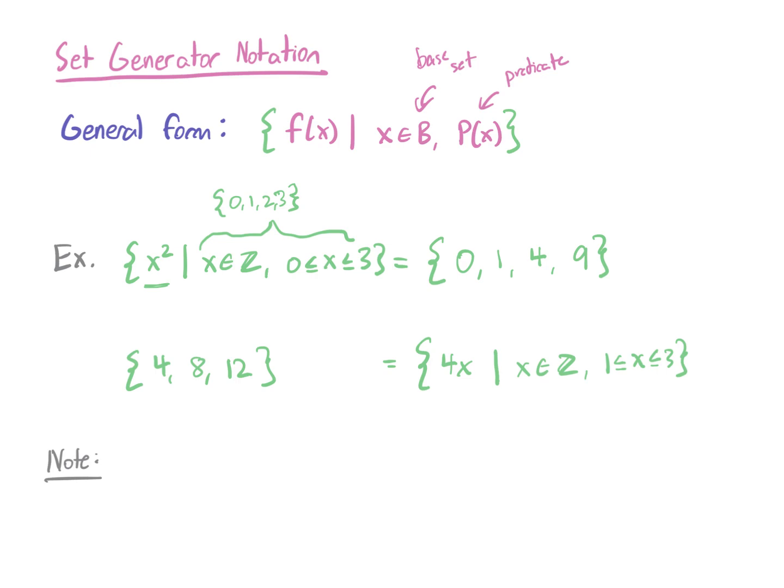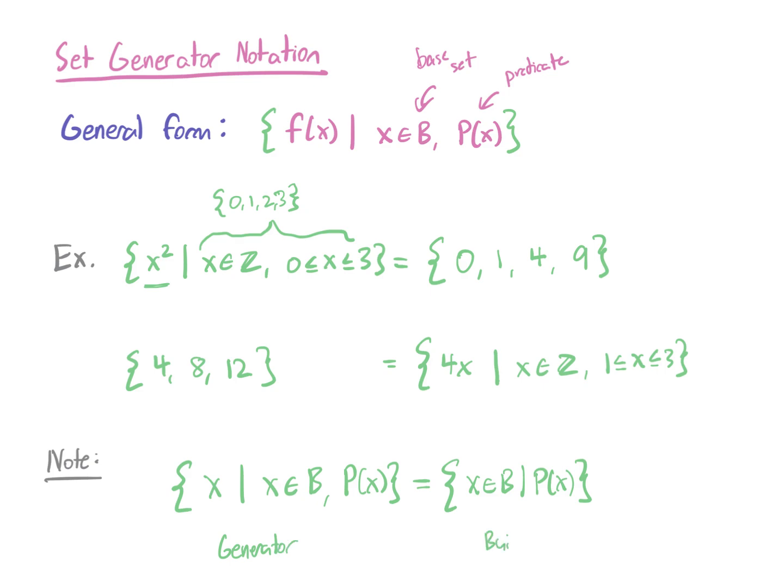So this equivalence is that in set generator notation, x with the property that x is in the base set B and p of x is true is exactly the same set, just in different notation, as the set x in B such that p of x. These are the same set, one expressed in generator notation and one expressed in builder notation. You're always allowed to transfer between the two whenever you want.